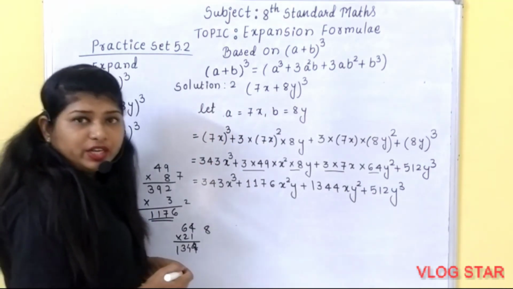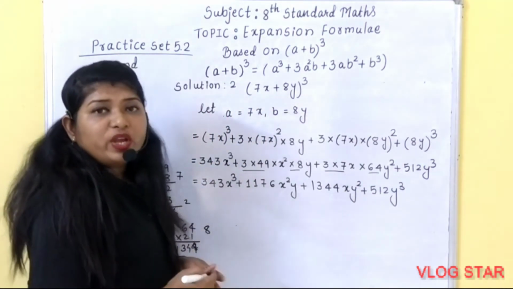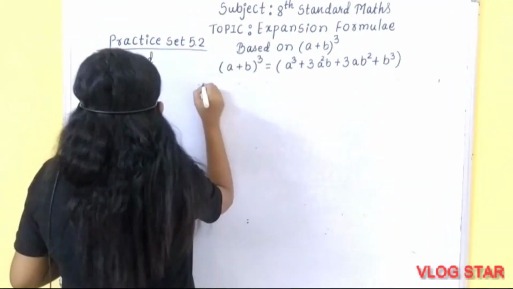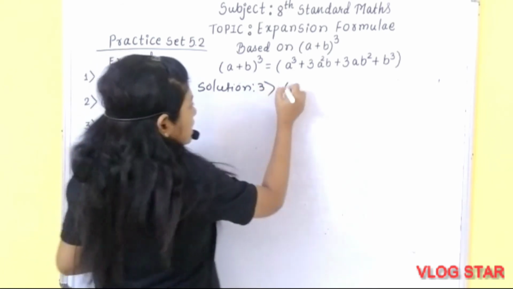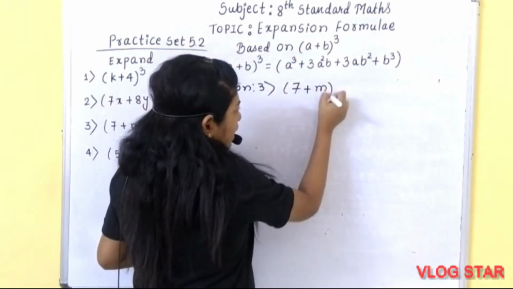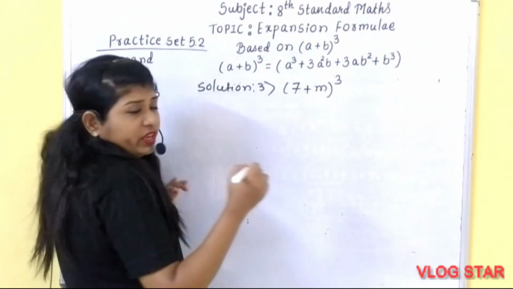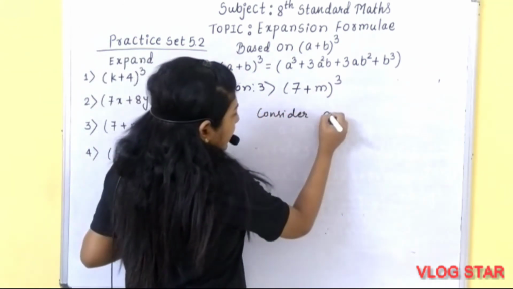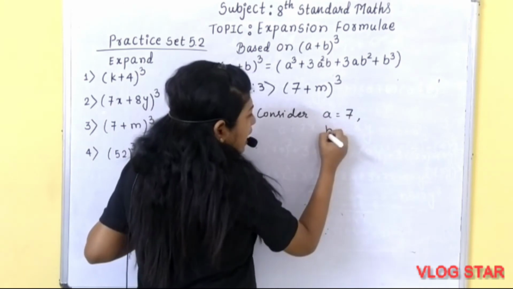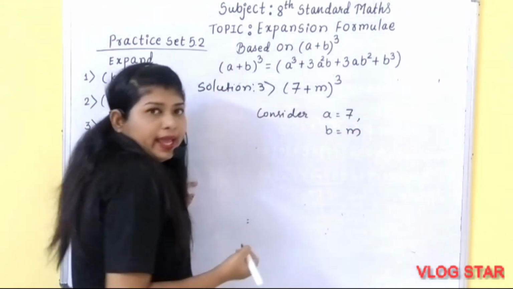I hope you have understood the solution for question number 2. Solution 3. (7 + m) whole cube is given. So we need to consider a is equal to 7 and b is equal to m.